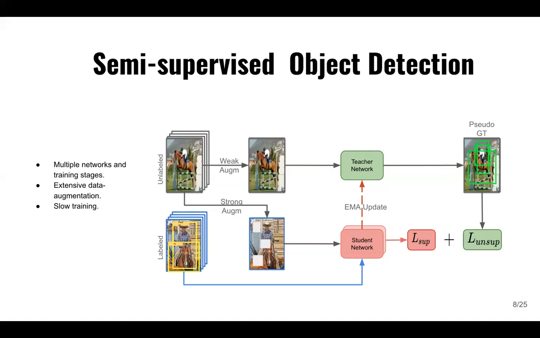And as a general case, this EMA based learning, you usually have to train it very slowly. So these are some of the issues with the semi-supervised methods in the literature. This is basically a general paradigm, but what you see in the literature are different flavors of this mean teacher idea.